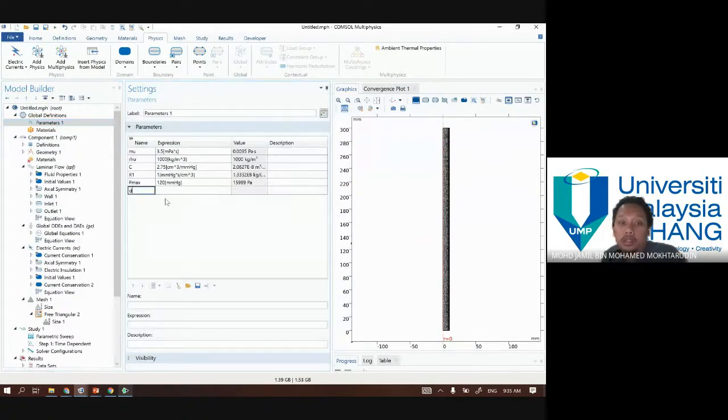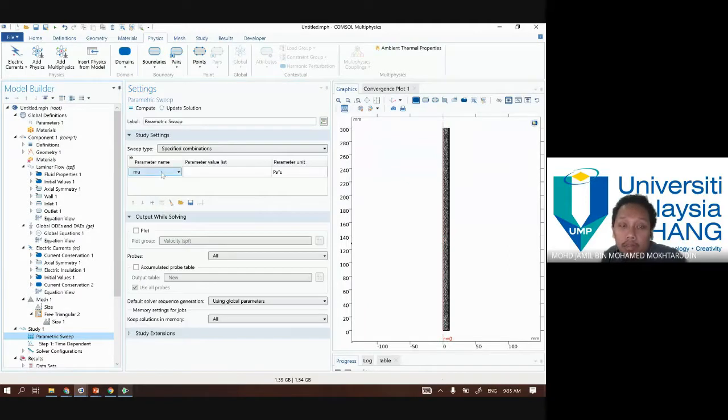So let's say D equals 0. And then in the parametric sweep, you can just choose D and put the range here. The range given in the question. Okay. So this one, the solution will take quite some time because it solves for many values of D. So be patient while it solves.